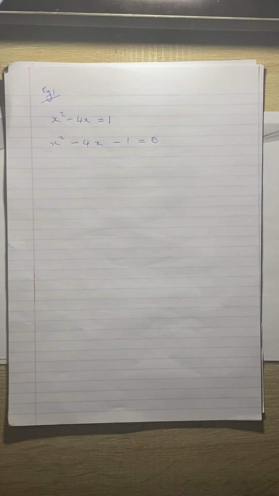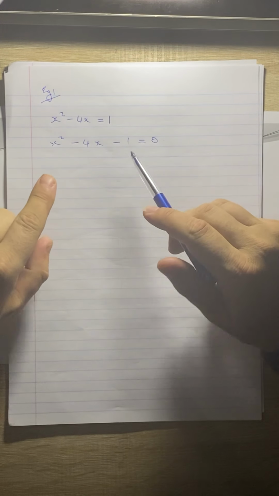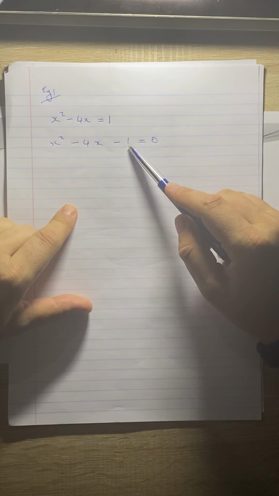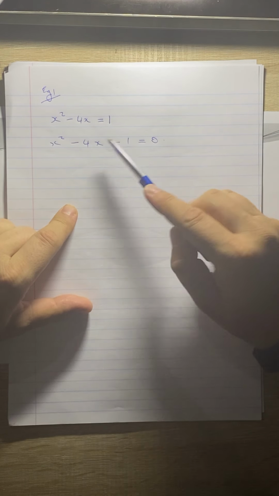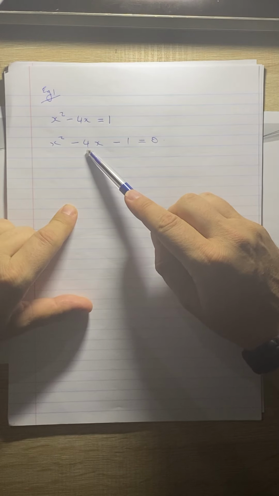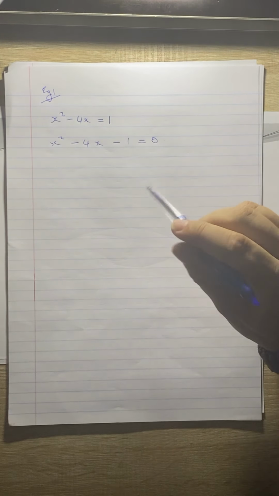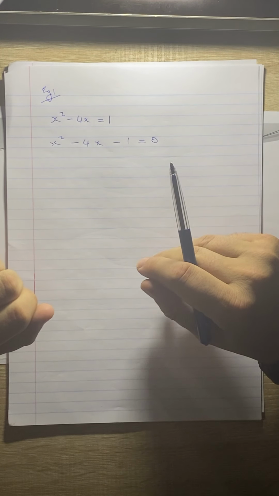Now, as you can see, yes, I know the question said by completing the square, but I just want to show you that we won't be able to factorize this in our head anyway, because the factors of 1 are 1 and 1. There's no way we can get to 4 with those two factors. So you see, you wouldn't be able to factorize it in your head anyway. So we're just going to follow it by completing the square.